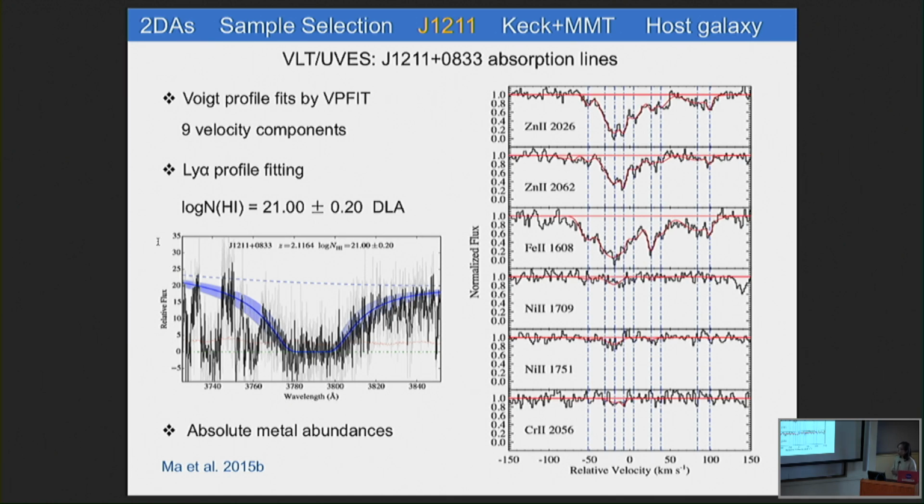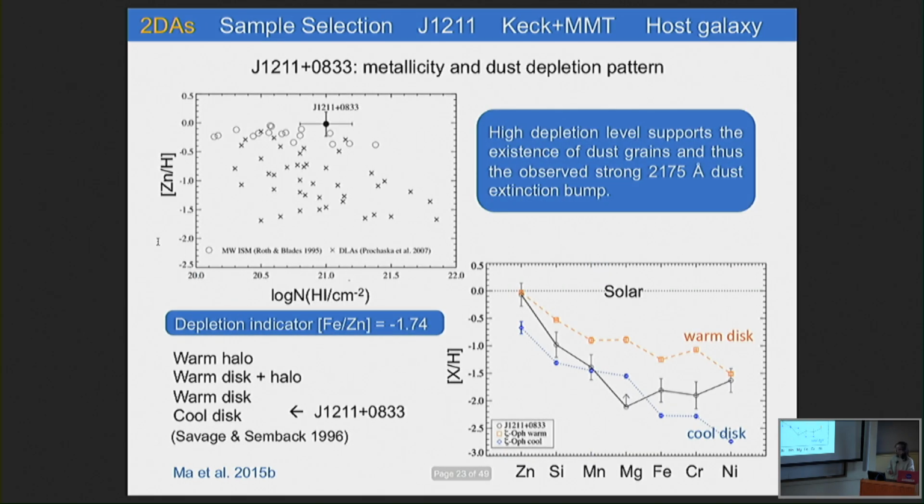So with the H I column density, we are able to derive the absolute metal abundances. So this shows the metallicity in terms of zinc abundance versus H I column density. J1211 has a metallicity that's comparable to that of the Milky Way ISM, but higher than DLAs.